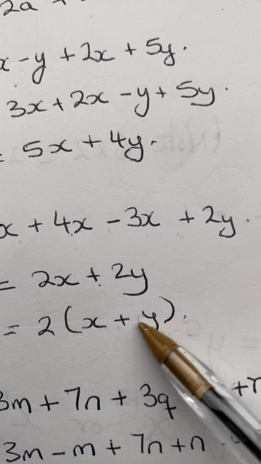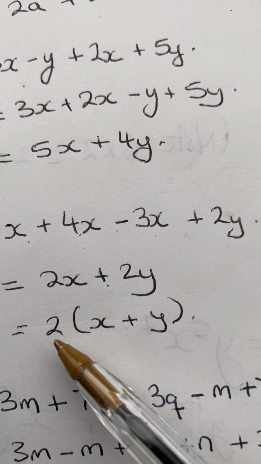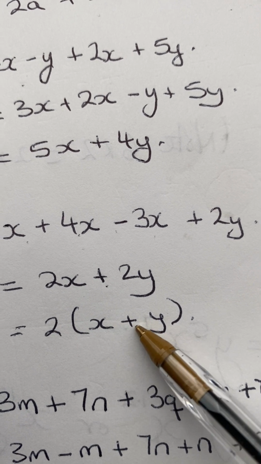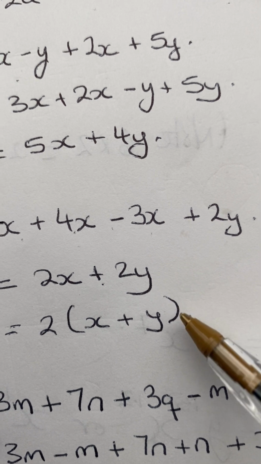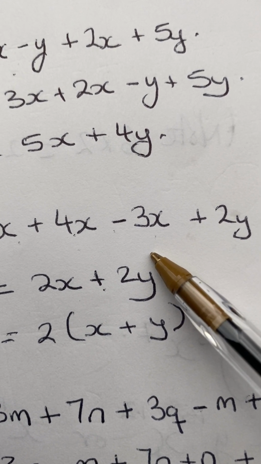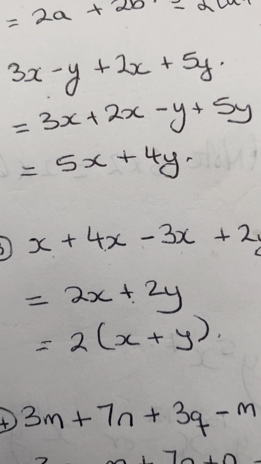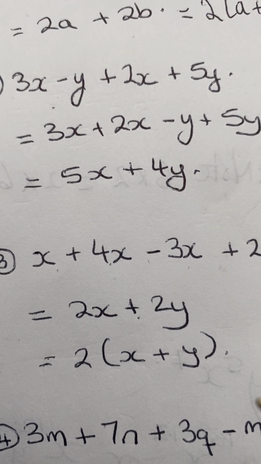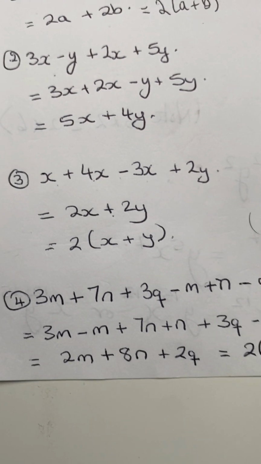So that when we want to remove the bracket and multiply, we have 2x add 2y. So we can move from this step to this step and back, depending on what we've been asked to do. But at the moment, this is right and this is also right.